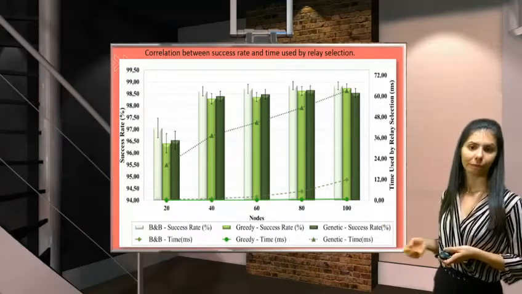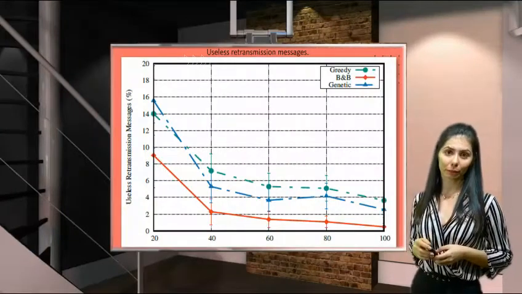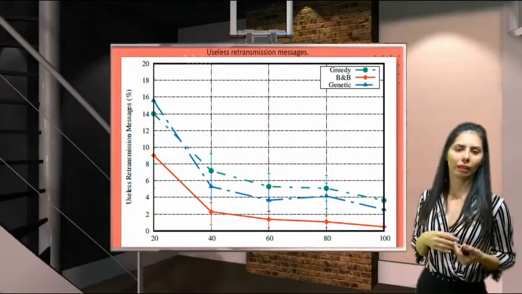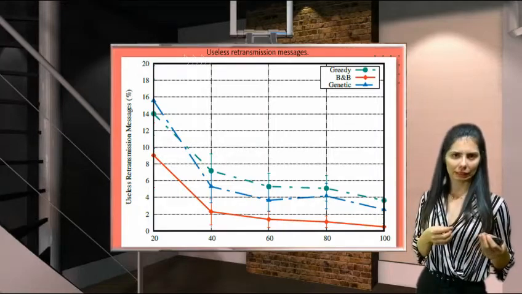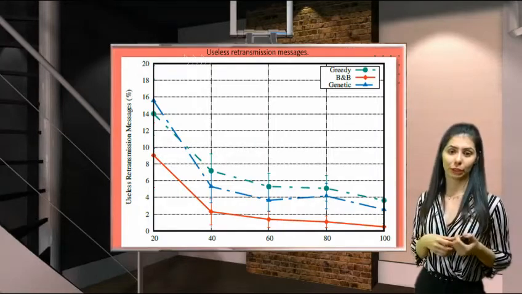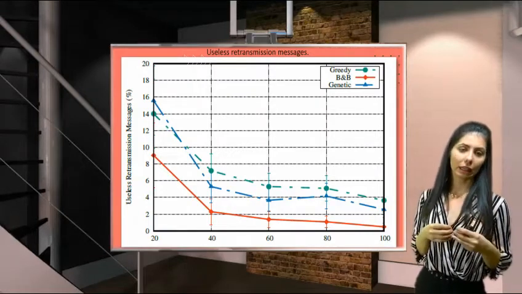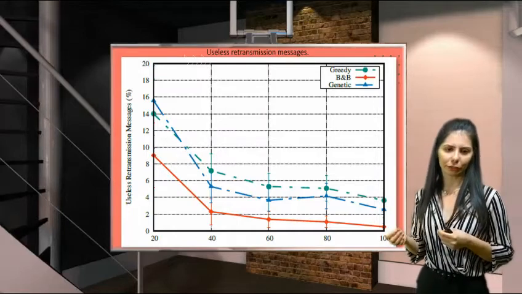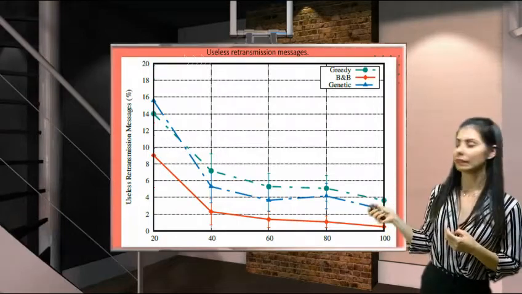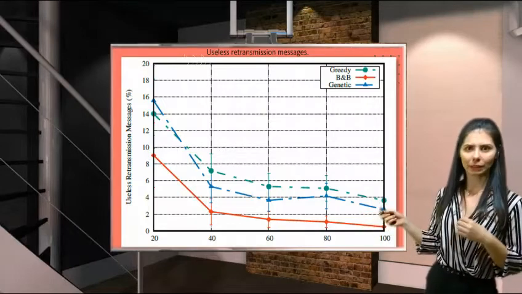and presents the best success rate. In this figure, we can see the duplicated retransmission messages. It is possible to observe that when the network presents a lot of duplicated retransmission messages, some unnecessary relays have been selected and consequently duplicated messages are being delivered. So we can see that the branch and bound algorithm in the red line presents the best results.